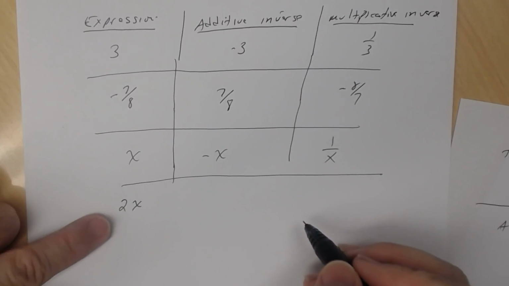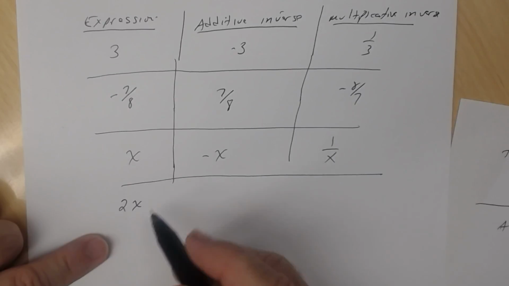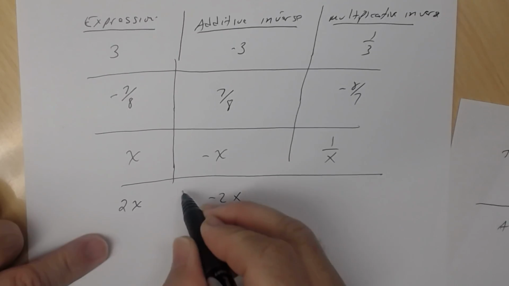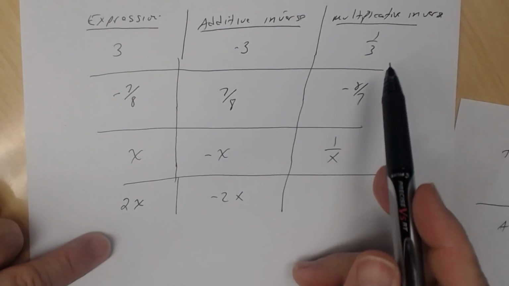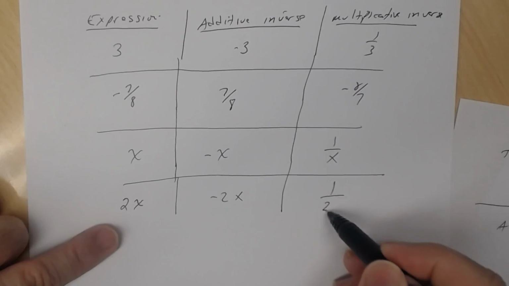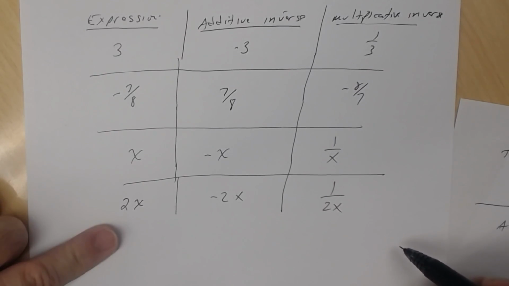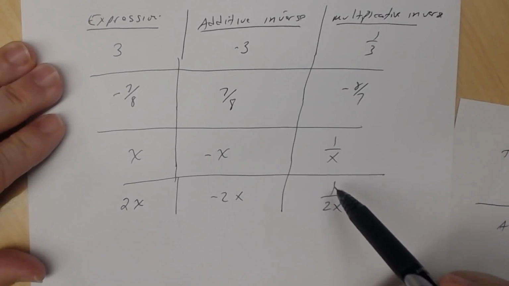The additive inverse of 2x is the opposite, a negative 2x. The reciprocal, the multiplicative inverse of 2x, is 1/2x.